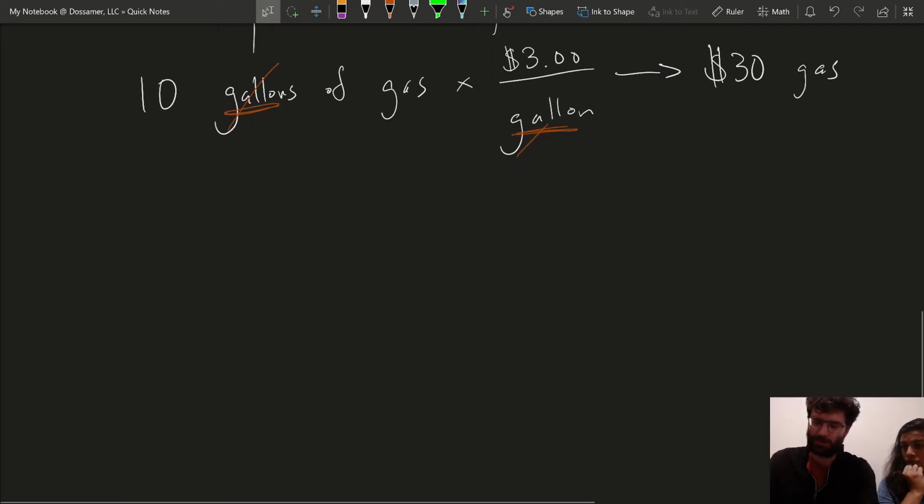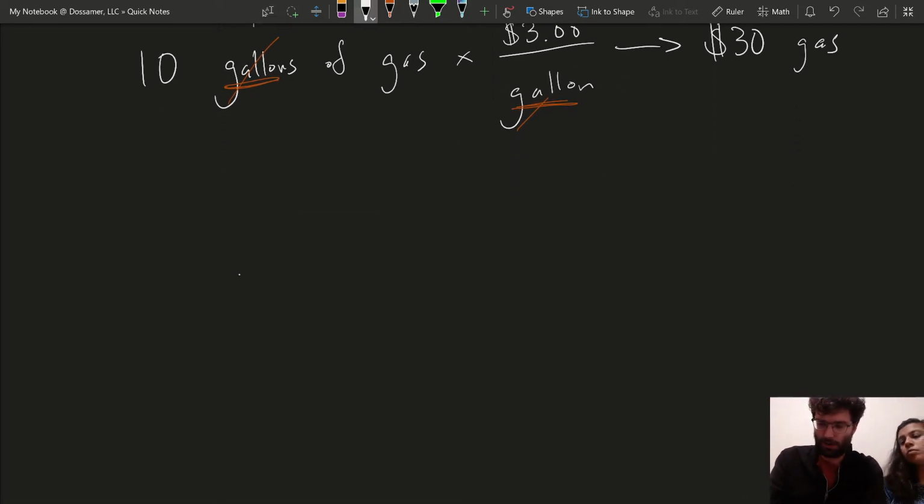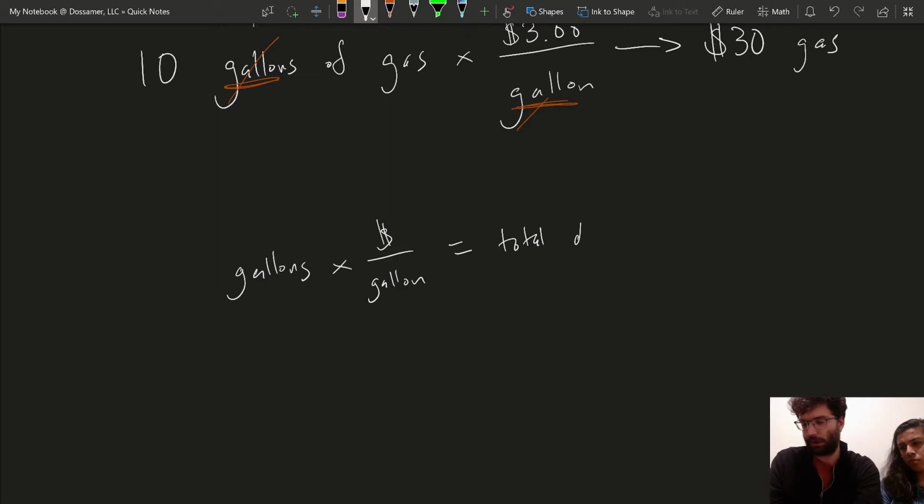And that is like our unit cost. And so in particular, here we use specific numbers. We use 10 gallons and $3 to get $30 total.